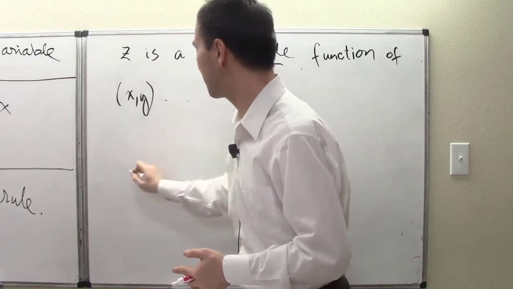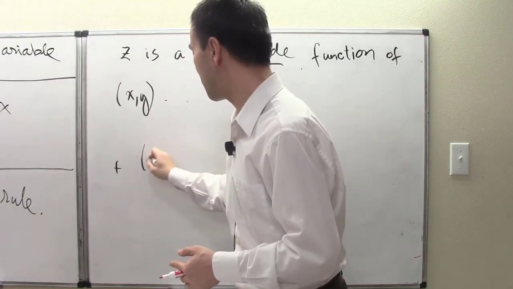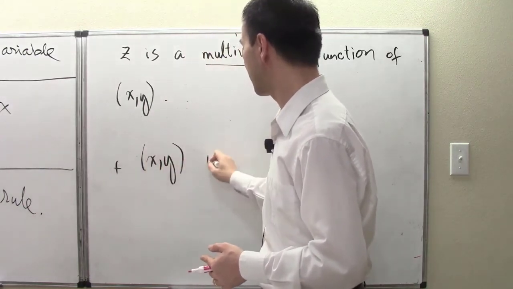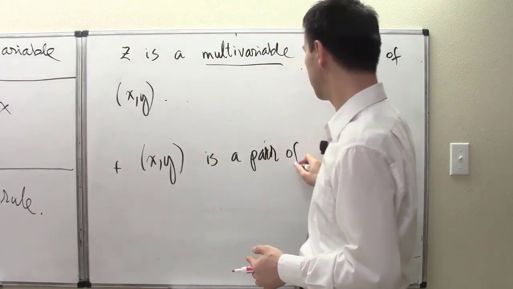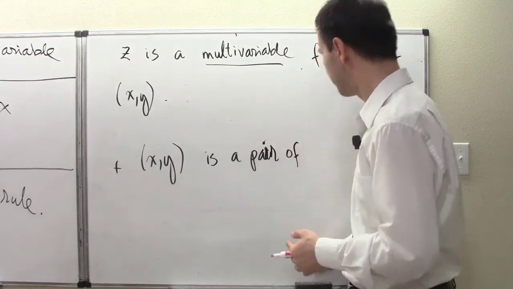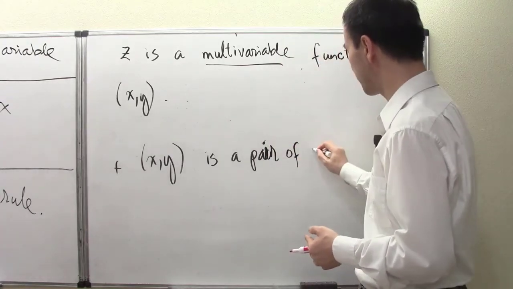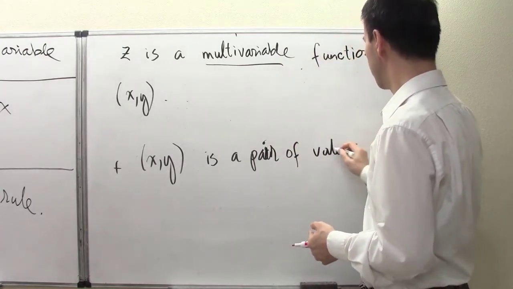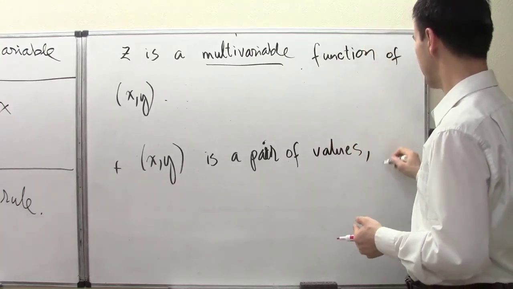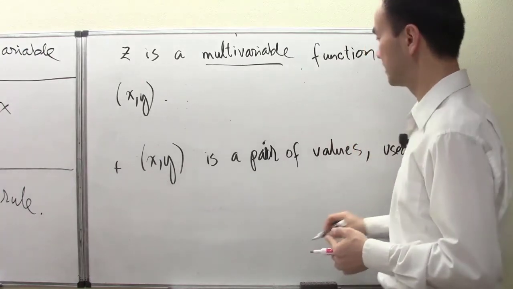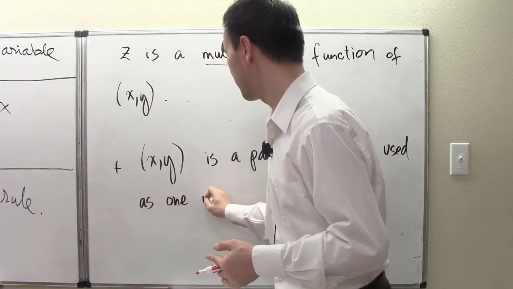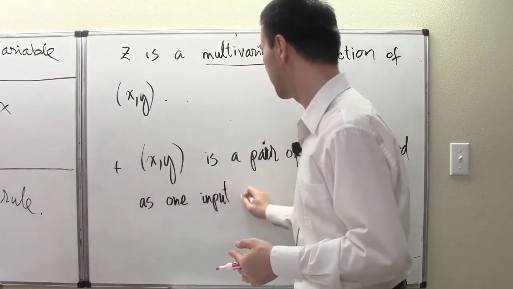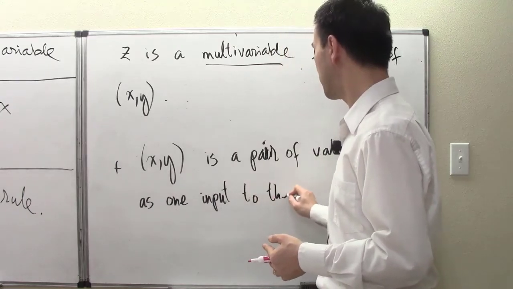Let's make some clarification: x and y is a pair of values, and they're used as one input to the function.